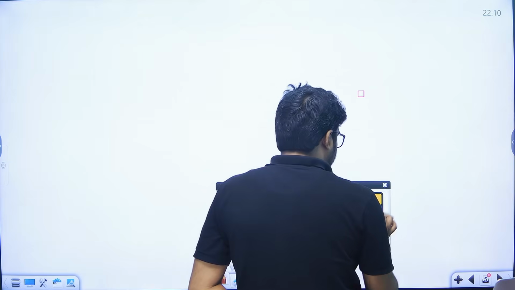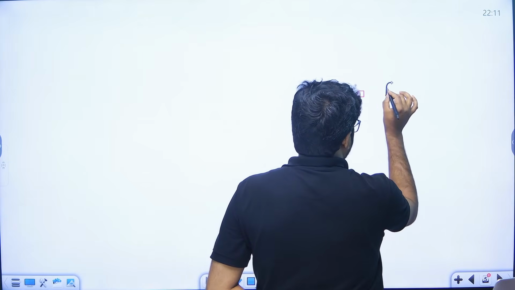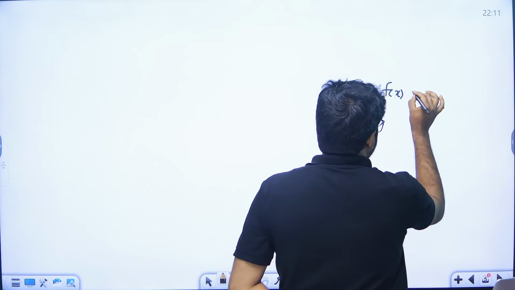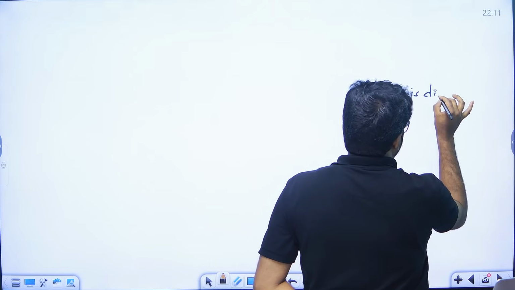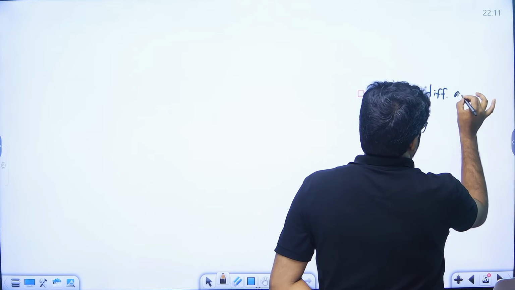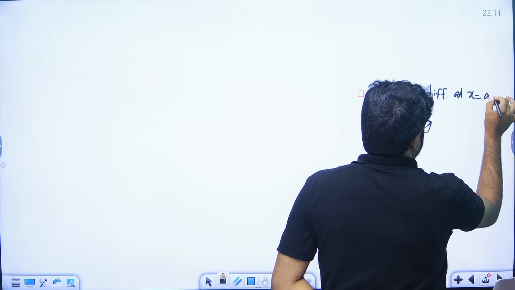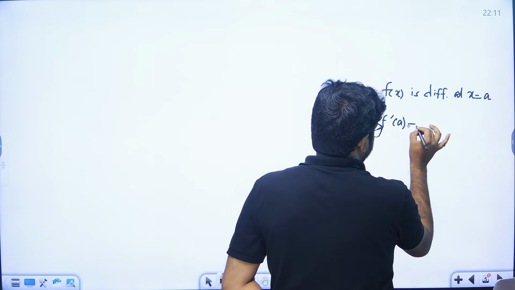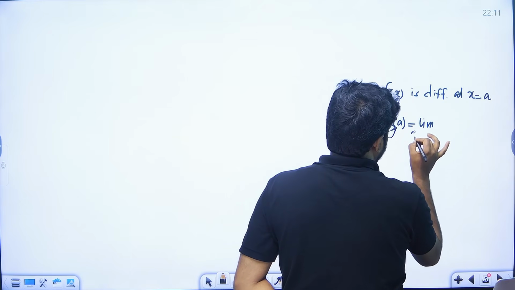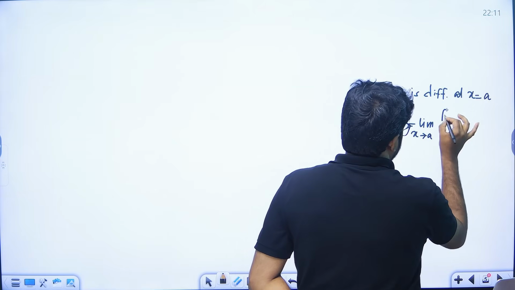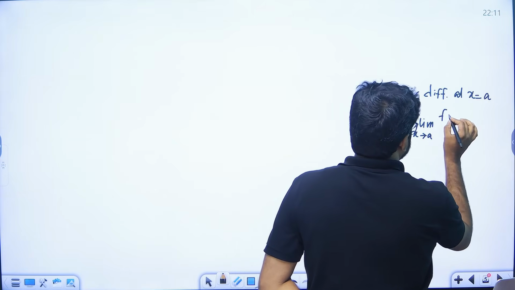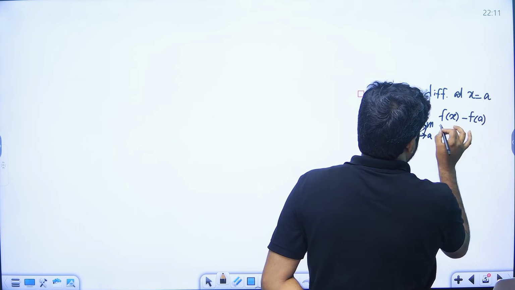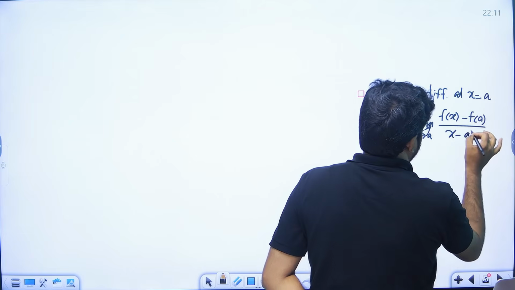A function f(x) is said to be differentiable or derivable at x equals a if f'(a) exists. What is f'(a)? f'(a) is basically limit x tending to a of (f(x) minus f(a)) divided by (x minus a).